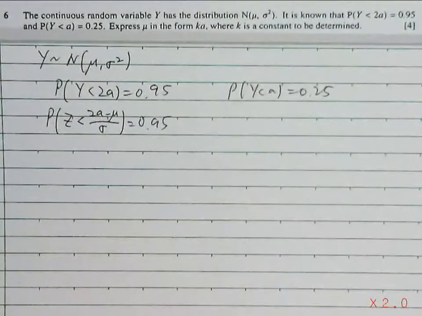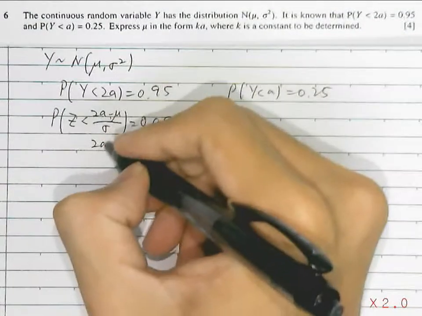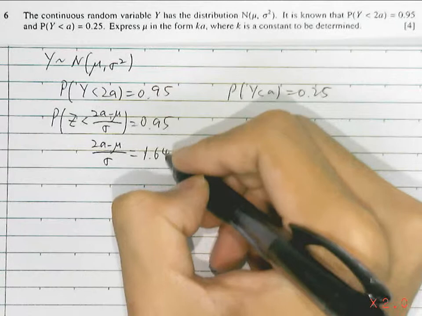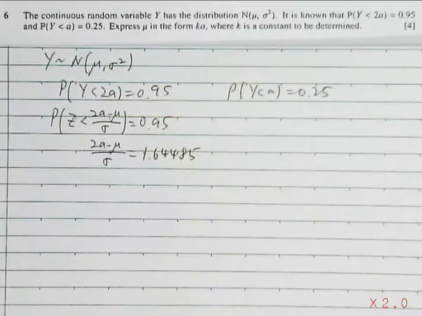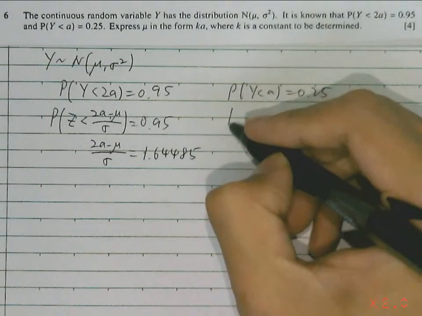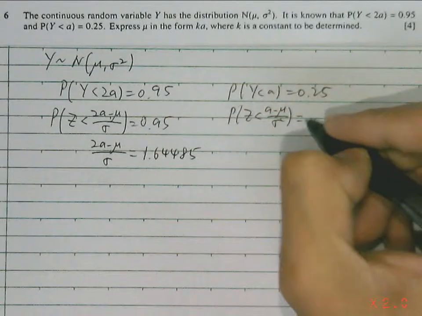Alright, so we'll transfer that. So from here we know that this value must be equal to 1.64485.